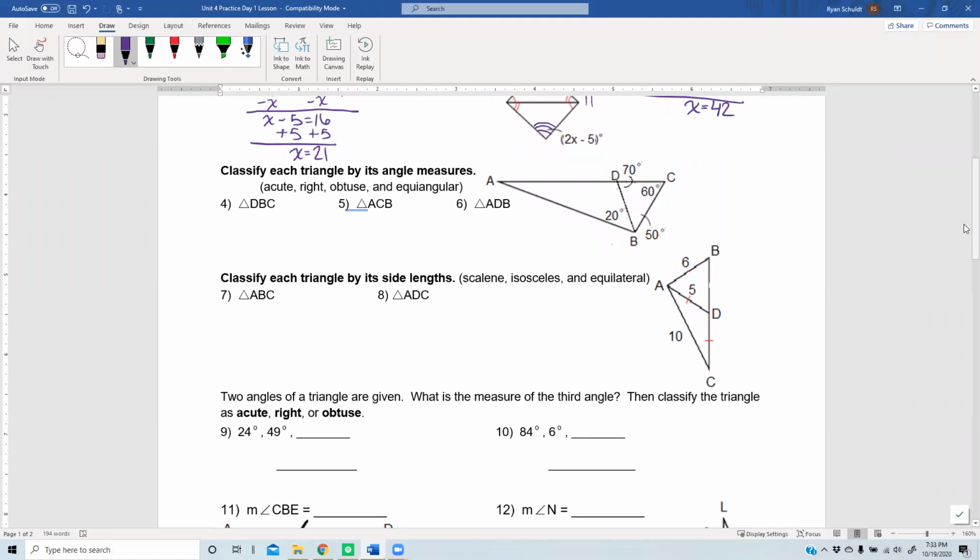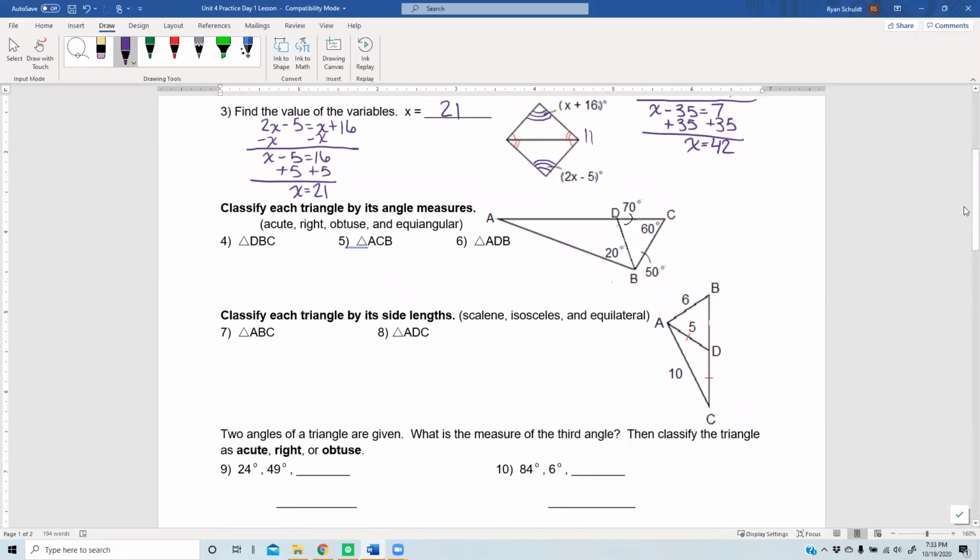Okay, next group. For the next group, we have to classify each triangle by its angle measures. That means we're talking about angles here. So acute, right, obtuse, or equiangular.